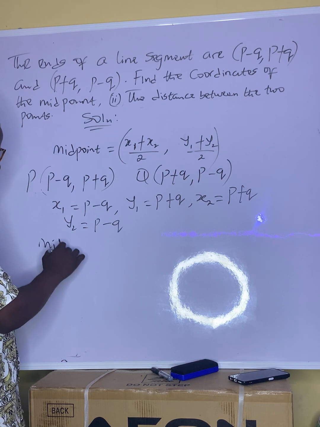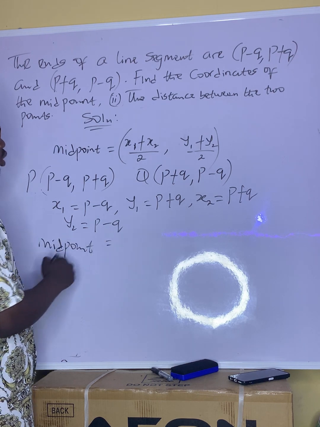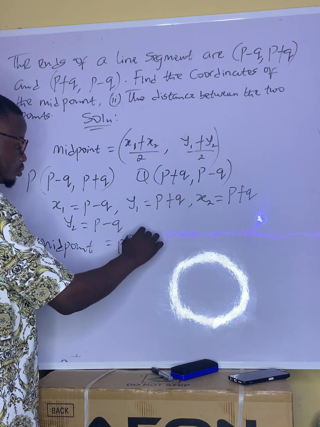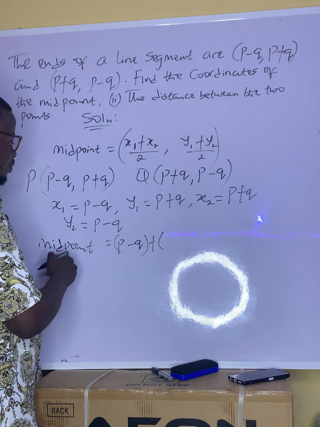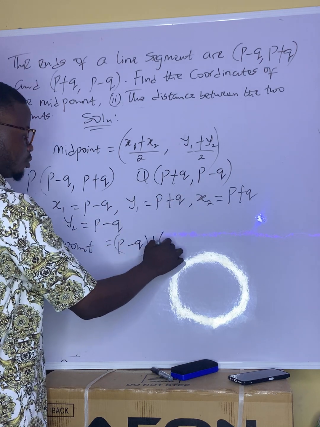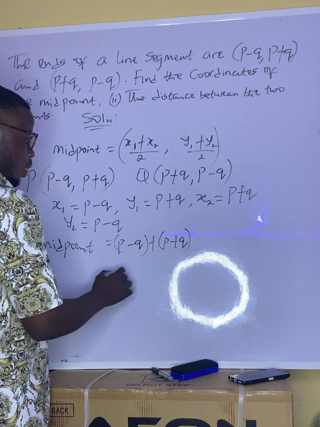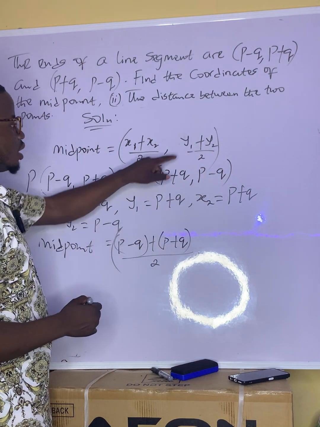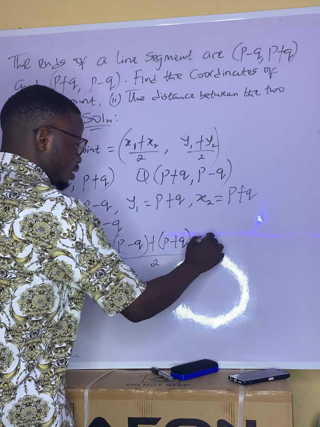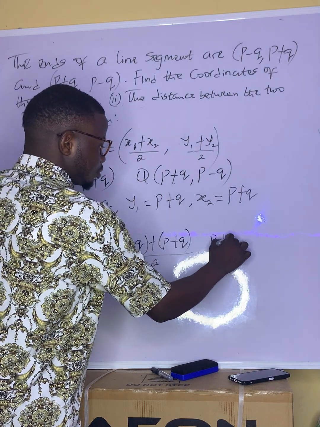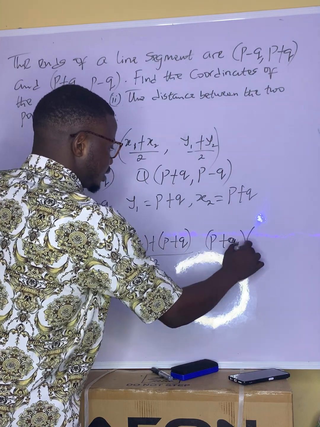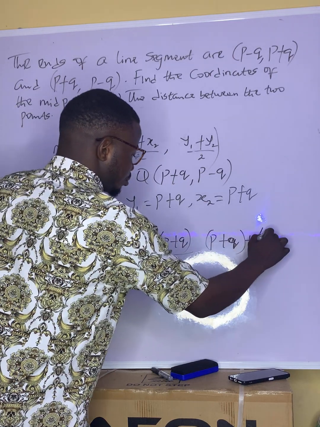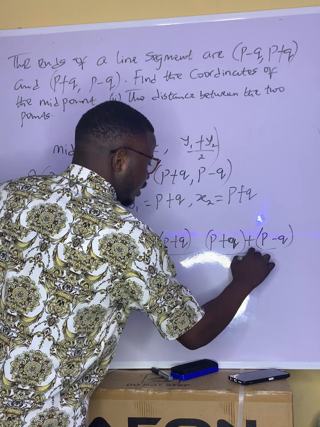So now the midpoint is equal to the value of x1, which is P minus Q, plus the value of x2, which is P plus Q, everything over 2. So find the average. Now the next one we have y1, which is P plus Q, and y2, which is P minus Q, over 2.